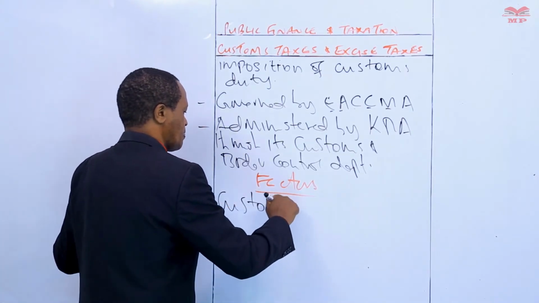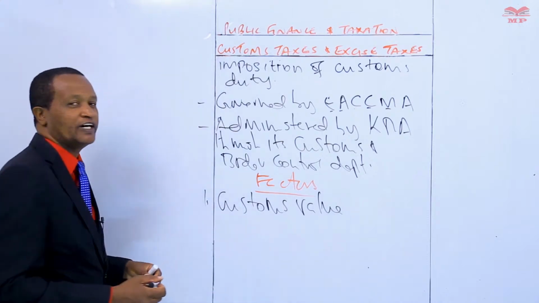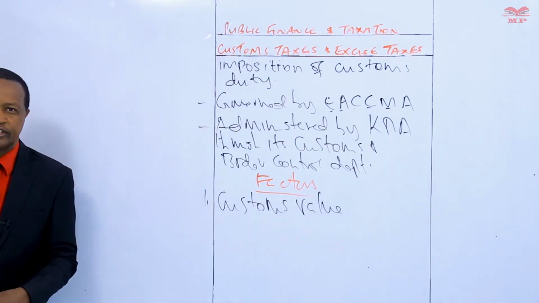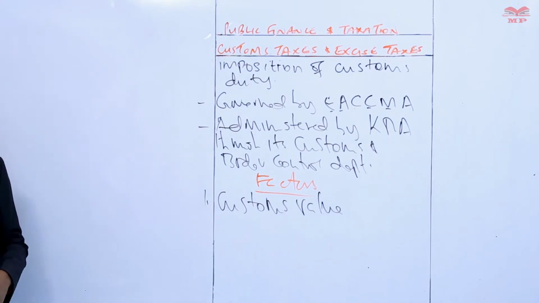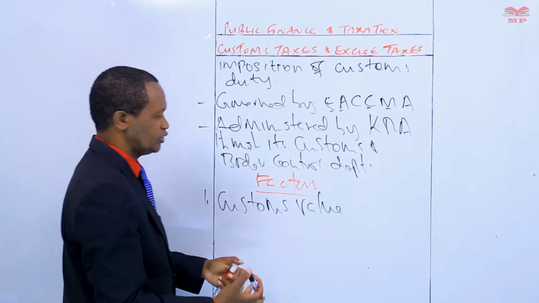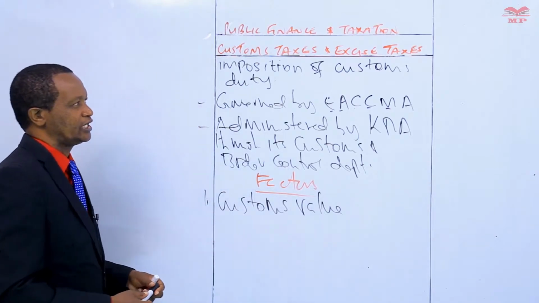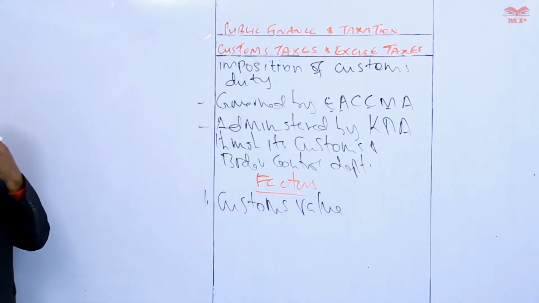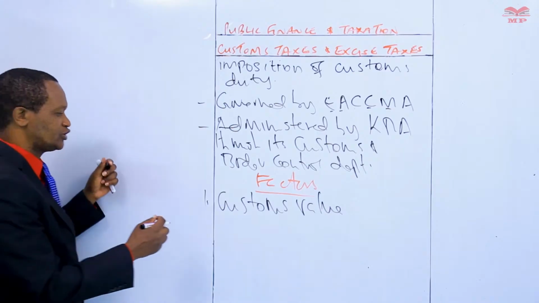The customs value is generally based on the price paid or payable for the imported goods, including the cost of the goods, insurance, and freight. So the value of the goods determines the customs duty or taxes to be paid. Then we have classification of goods.